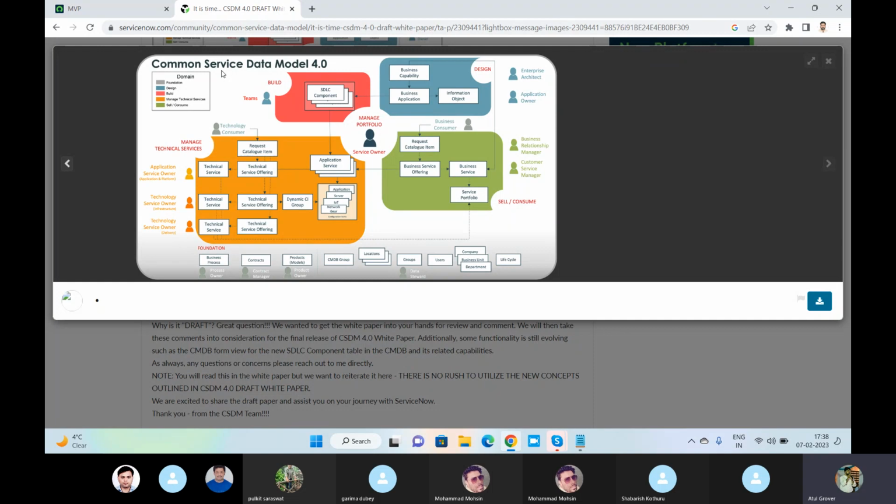So why data model? Why has the concept of data model been added here? Please don't fall asleep, guys. It is an important topic because nowadays a lot of companies are implementing this as well. The data model says how we are going to store this information in ServiceNow.